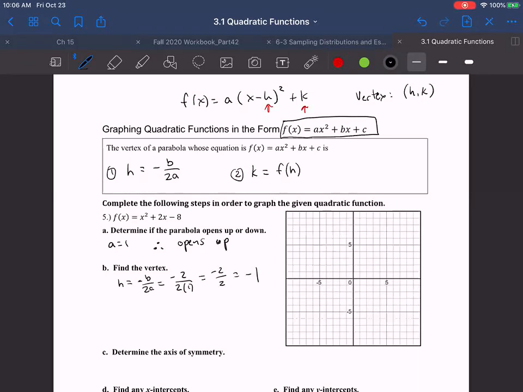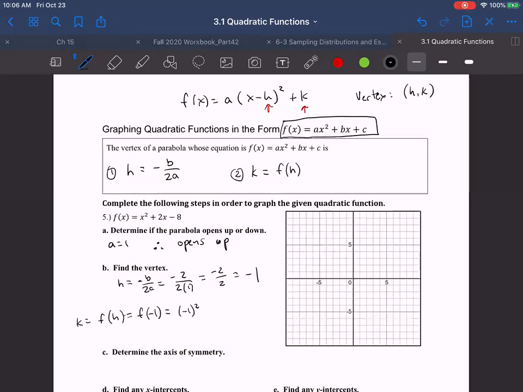So now we have the actual value for h, and we can plug that into our function. We can do f of h and get what k is. So k is going to equal f of negative 1.